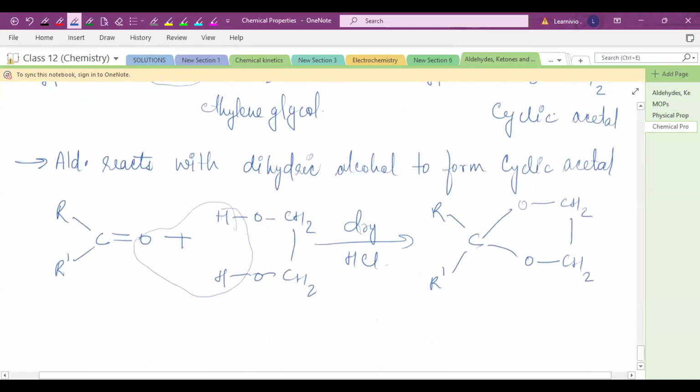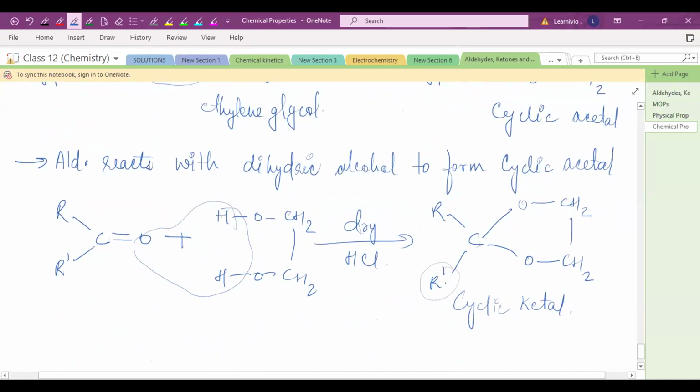Now, this one is derived from the ketone, so it will be named as a cyclic ketal. Okay, just remember that. When the carbon here has R and R dash, and this group is the same, OCH2, CH2O. This is the same. Only the difference is here.